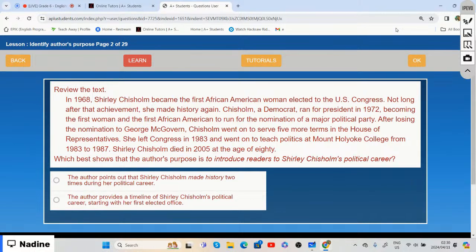All right. And if we look at the correct one, we can say that the previous one is an introduction to the reader, right? So the author provides a timeline of Shirley's political career, starting with her election.